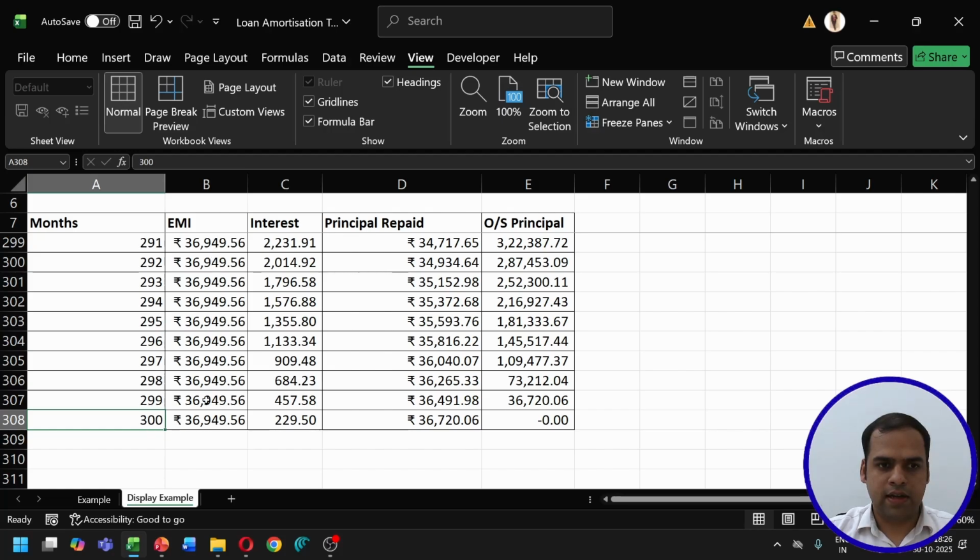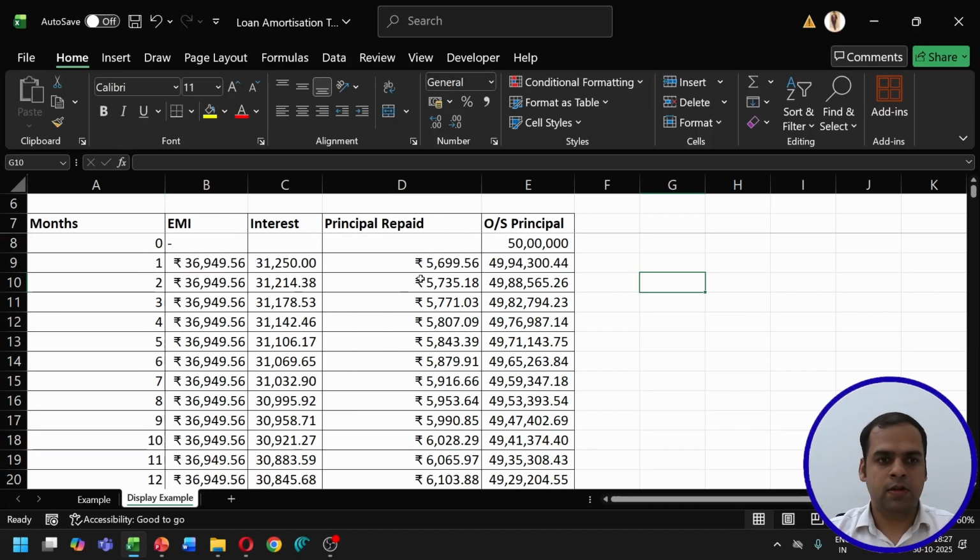So we can see our EMI remains the same, the interest component is negligible, and the principal repaid of that EMI is very high, and our outstanding principal is 0.